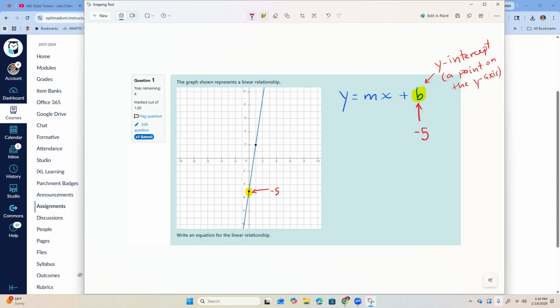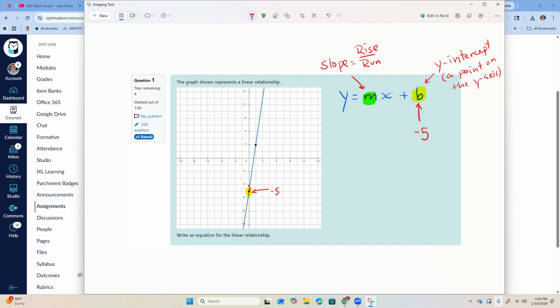Then the other thing you're going to be filling out is the m. M is the slope. And remember, the slope is rise over run. So what I suggest you do is pick 2 points, and I'm going to start with the leftmost point and make an L connecting those 2 points.